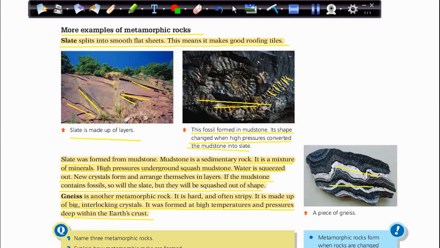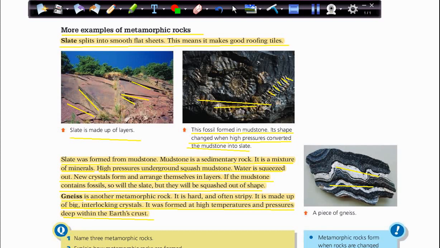So we can say, if I asked you what's the difference between slate and gneiss, you will say that slate formed from mudstone with high pressure underground.